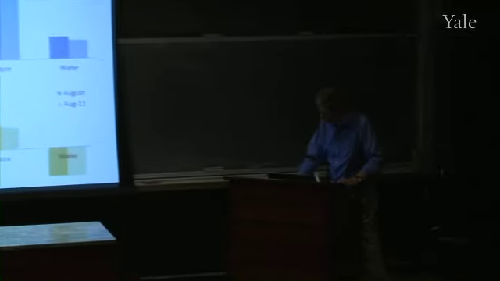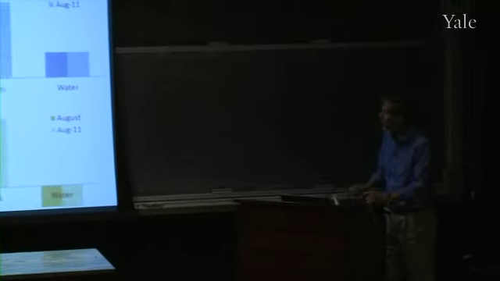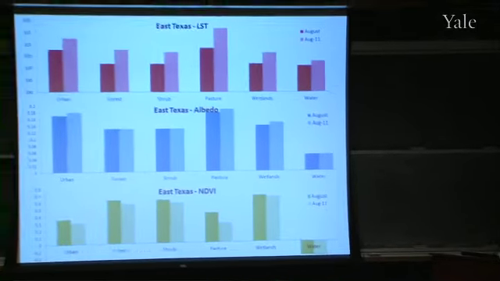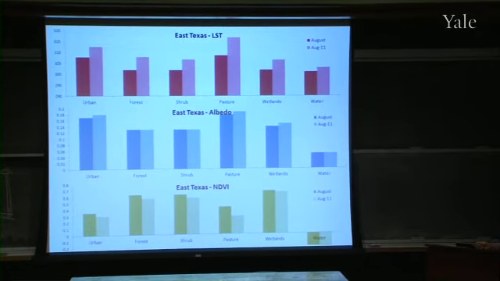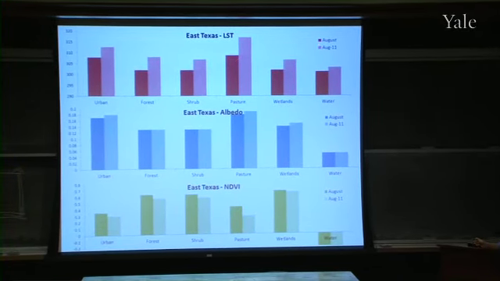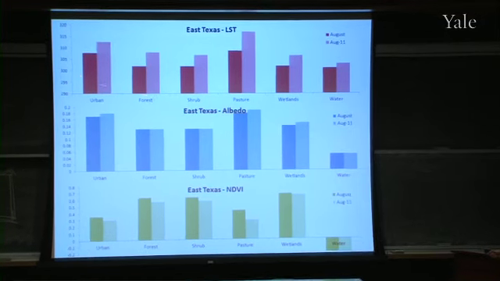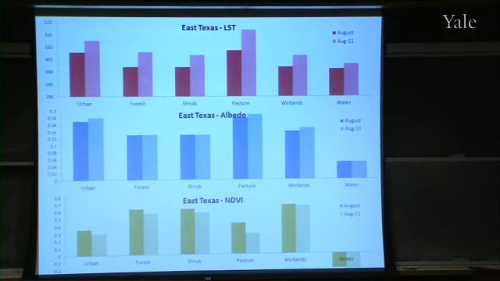And then for East Texas, this is the wetter part of the state. There again, we've only done it for August, so you find that the forests are hotter. They haven't changed their albedo, and they've dropped their NDVI just slightly. Here, the biggest impact seems to be in pasture land.